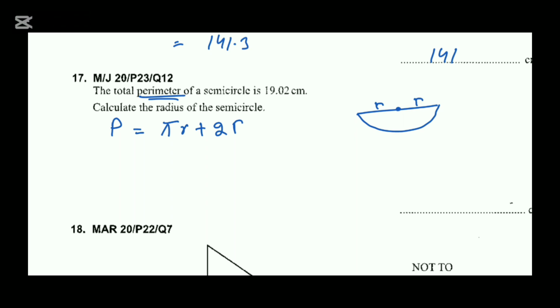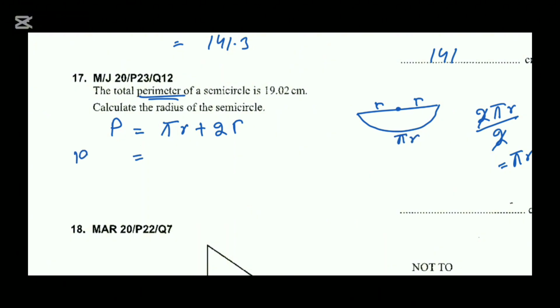Now 2 pi r is the perimeter of the circle, the circumference of a circle. This is half of the circle, a semicircle, so you will divide it by 2. 2 and 2 will be cancelled. Pi r is the formula of the perimeter of a semicircle. That's why we use pi r plus 2r. This is r plus r, 2r, and then this is pi r.